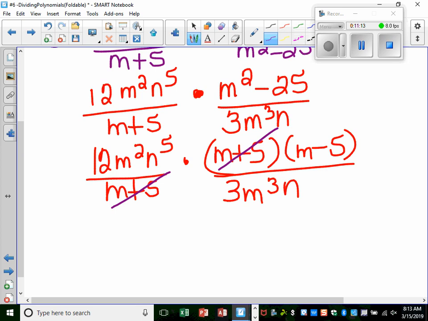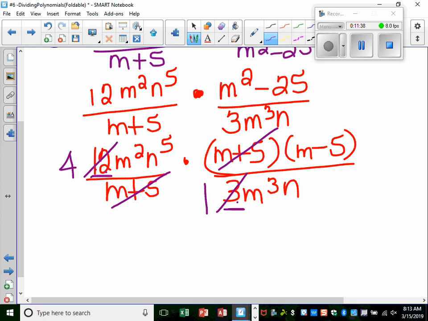Now, I'm really not done because I want you to pay close attention. I can also cross out these numbers here, this 12 and this 3. What can go into 12 and 3? 3. So 3 will go into 12 how many times? 4. And 3 will go into itself once.